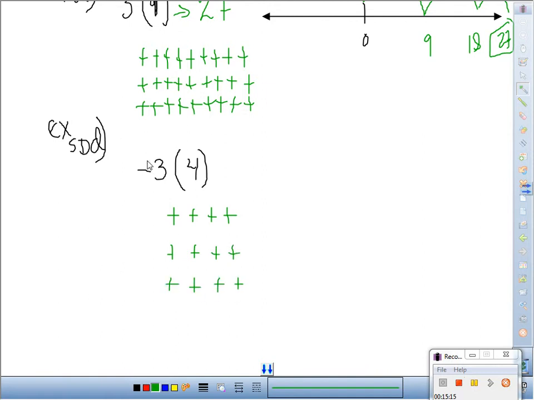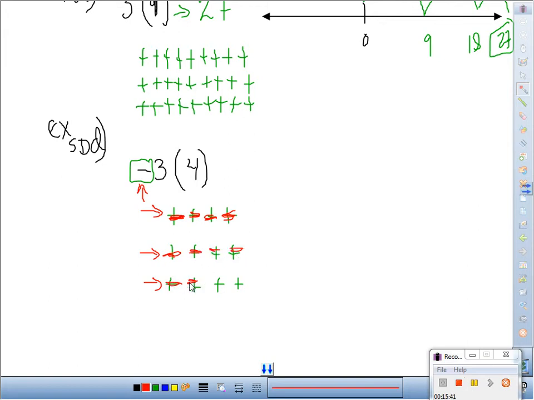However, who notices that this one has a negative? Okay? So check this out. This is what happens. Whatever I start with, and if this is a negative, it switches the signs of all of these. So what sign am I going to switch to? Negative. So therefore this becomes a negative, negative, negative, negative. All of them switch to negative.